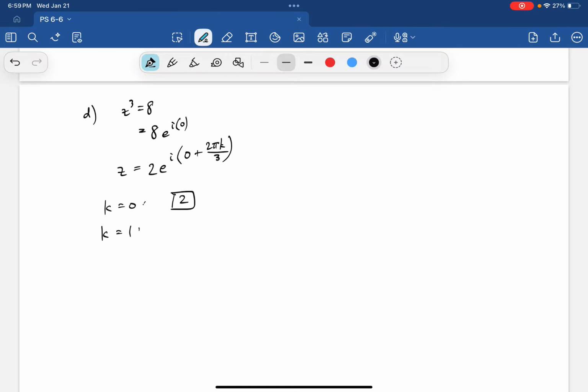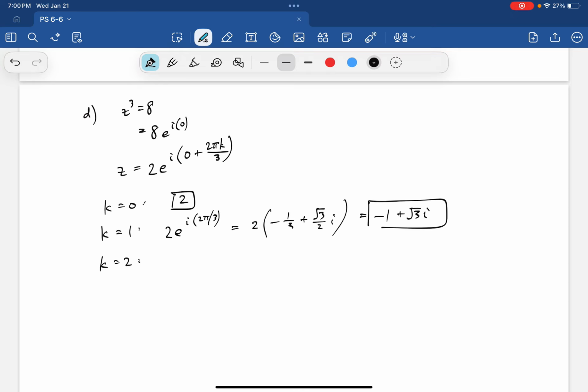For k equals 1, I'm going to get 2 times e to the power of i 2 pi over 3. Where's that? Negative half plus root 3 over 2 i. So negative 1 plus root 3 i.